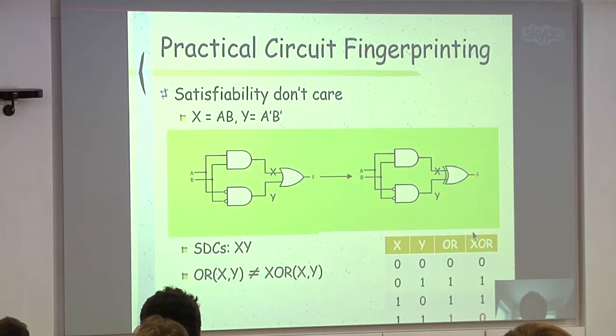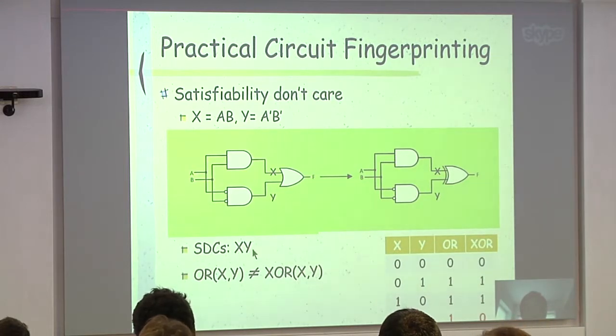However, if you take a look at this table, the only difference between the exclusive OR gate and the OR gate happens when both X and Y are 1. And we have analyzed here that, because of their dependency on inputs A and B, X and Y cannot be 1 at the same time. Which means that in this particular case, although these two circuits look different, they are identical.